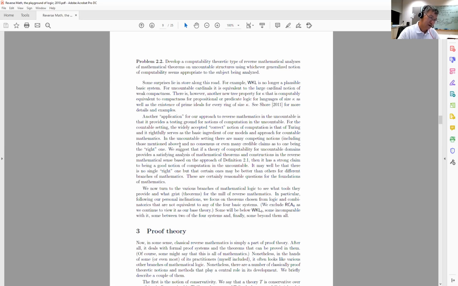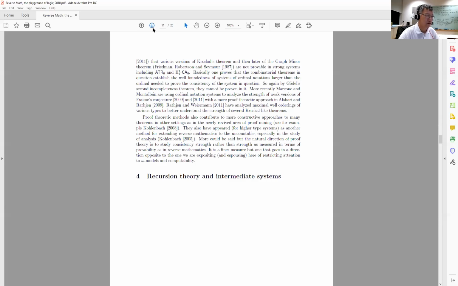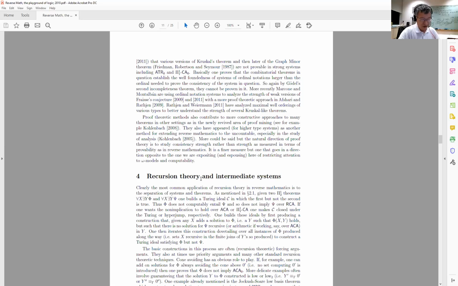In the next few sections, Richard Shore mentions the four major branches of mathematical logic. You can see number 3, this is proof theory, Sam's area. Then recursion theory, which is my area, and Richard Shore also works in it; he is my supervisor.